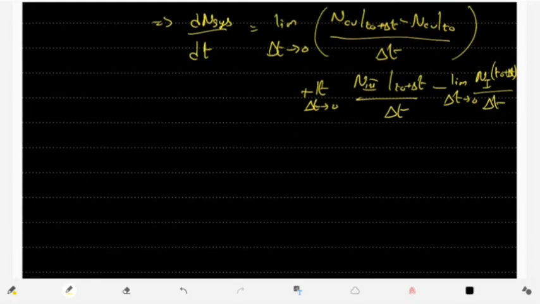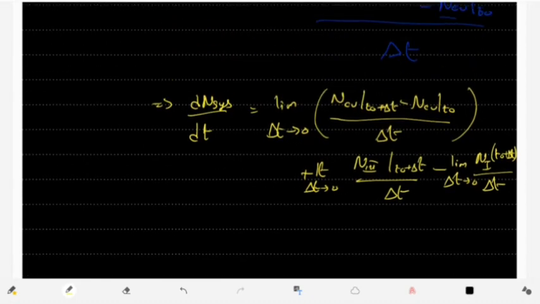Now by the first law of differentiation we can say this term equals dou by dou t of N CV.